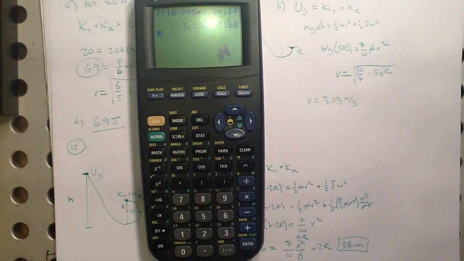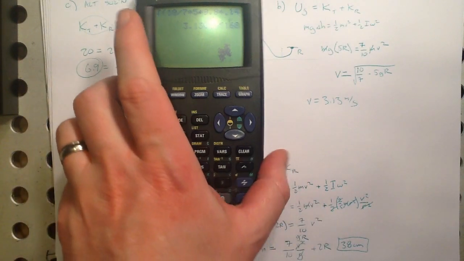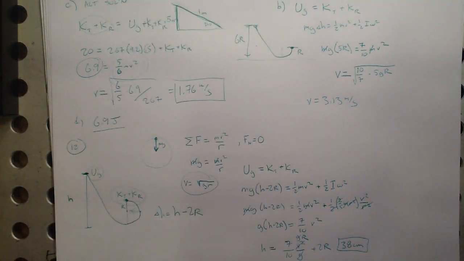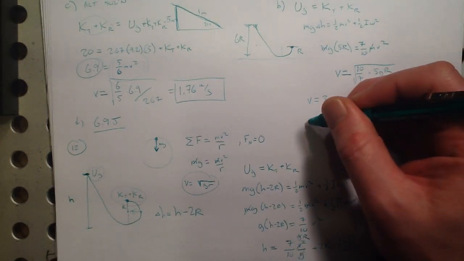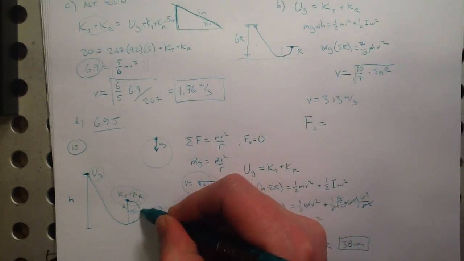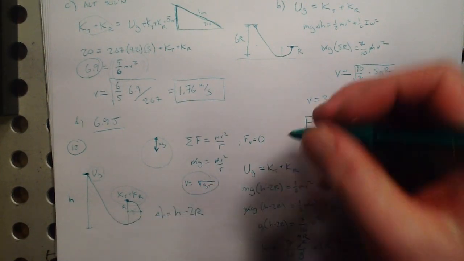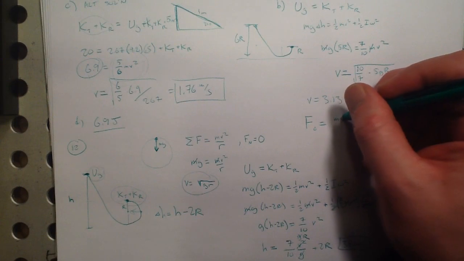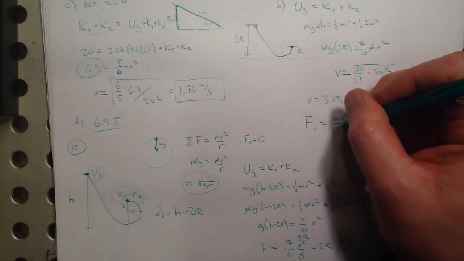Oh, but that's not what we wanted to find. Sorry, that is how fast I think, although they don't have that answer there. They wanted to know how much force is there on it. Well, we know that the centripetal force, which would have to come from the track, it would have to be that horizontal force, is equal to mv squared over r.